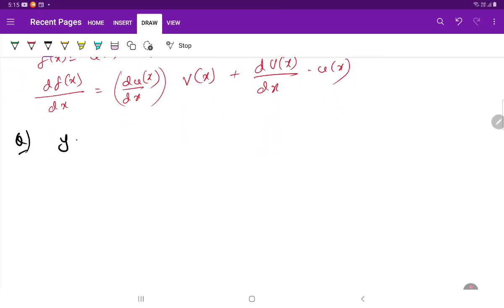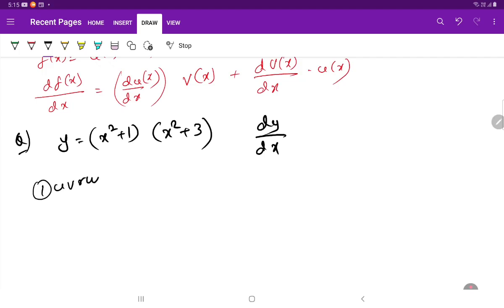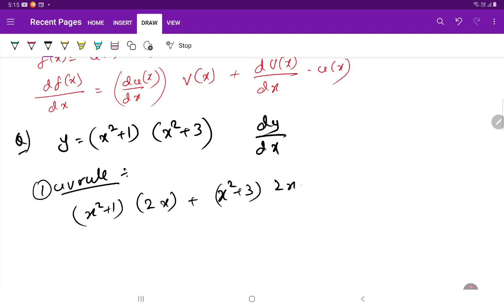Coming to a question from the UV rule. The question says y is equal to x square plus 1 into x square plus 3. You have to find dy by dx. You can do it by two methods. The first method is the UV rule. Using the UV rule, you will get x square plus 1 into 2x plus x square plus 3 into 2x.